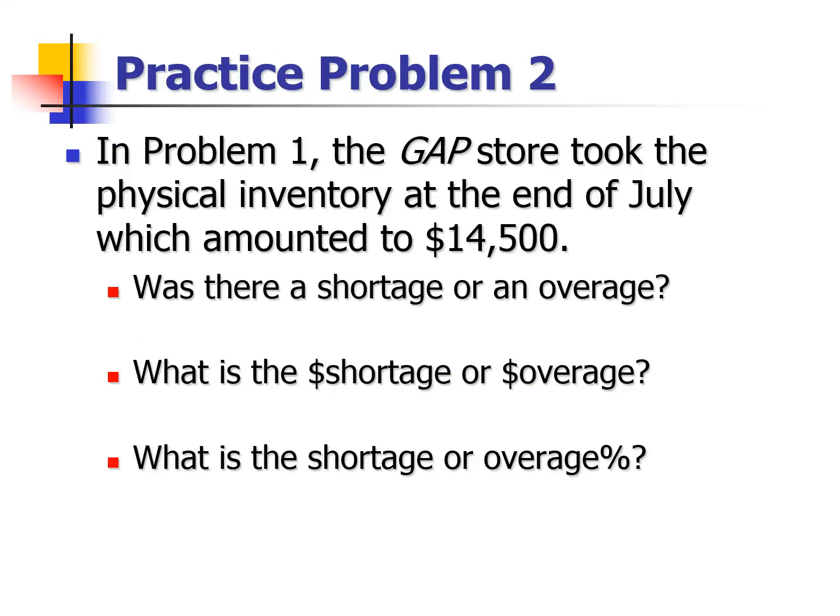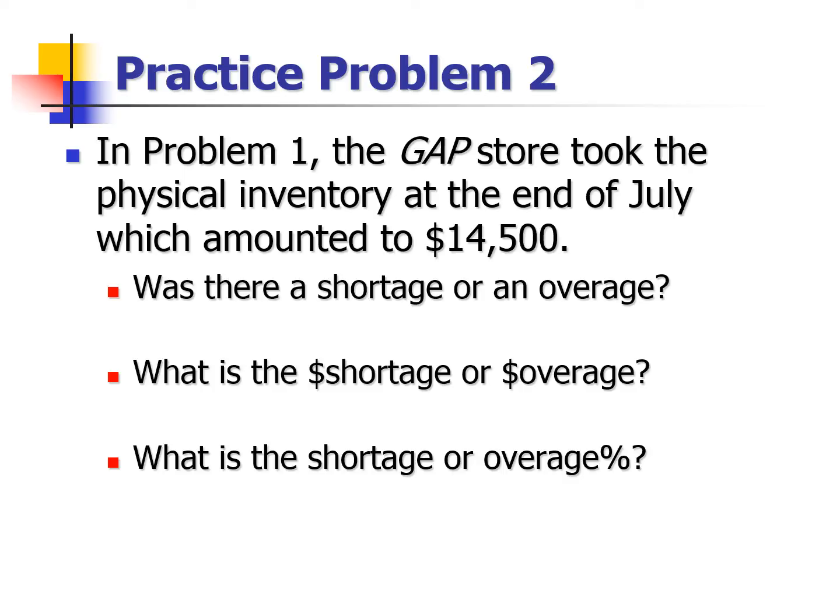Alright, so let's work on a shortage and overage problem. In the previous problem that we worked on, the Gap store example, let's say the store took the physical inventory at the end of July. We calculated book inventory at retail for July for that problem, and the book inventory was $14,810. That was what the book inventory said. Then you took the physical inventory and found that it was $14,500 worth at retail value.